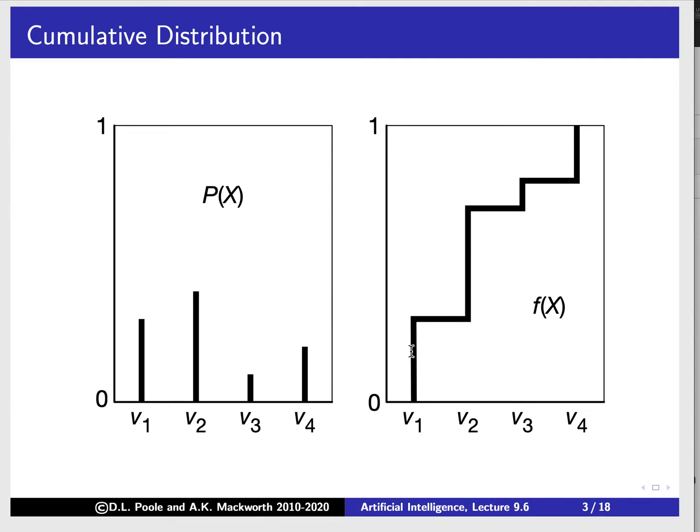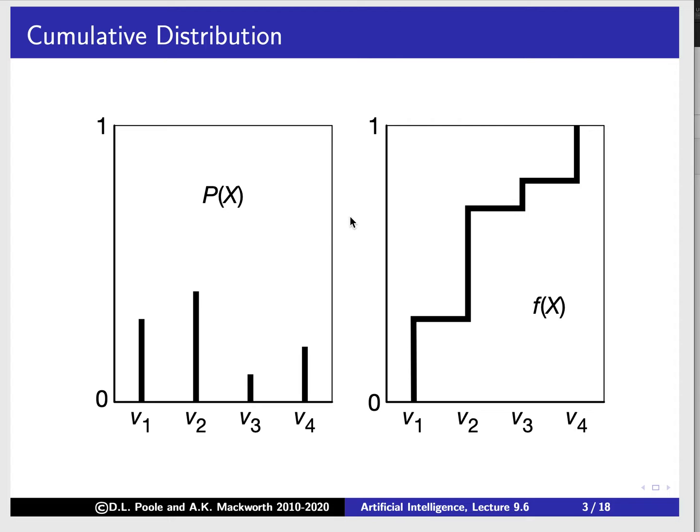We're totally ordering it so that 0.3 is the probability that it's equal to v1, and the probability it's v1 or v2 goes up to 0.3 plus 0.4, which is 0.7. So it goes across there and up there. Then similarly, the probability of v3 or v2 or v1 is 0.3 plus 0.4 plus 0.1, which is 0.8. And v4 is just the rest of it.